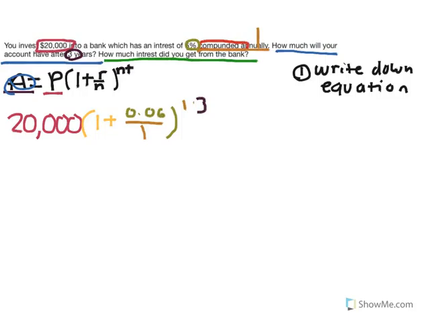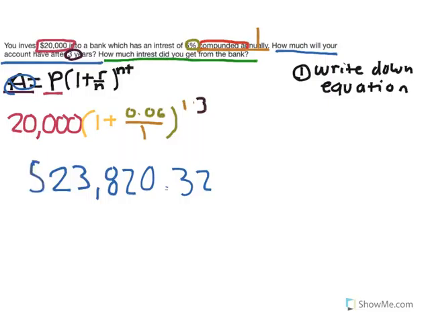So, after plugging it into our calculators, we get $23,820.32. And that's how much money is in our account. Now to find the interest, I'm going to write this in green.